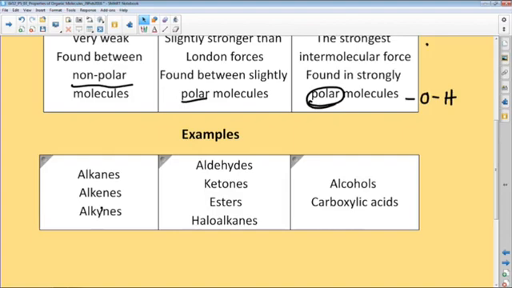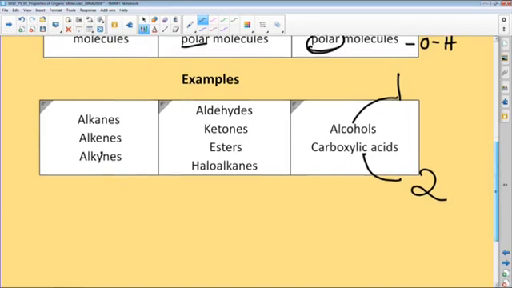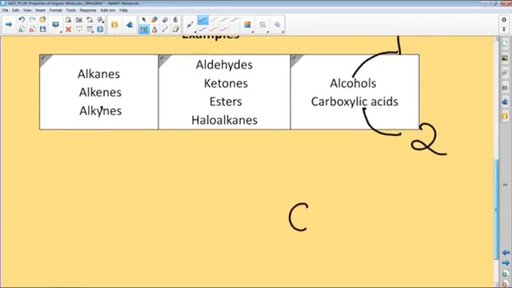Now, what you need to remember here, because this comes up often, is an alcohol generally will make one hydrogen bond, okay? A carboxylic acid can make two. That's because of its structure. And the thing with the carboxylic acid is that it does this. So we have the OH like this, and then we have the double bond oxygen, okay?